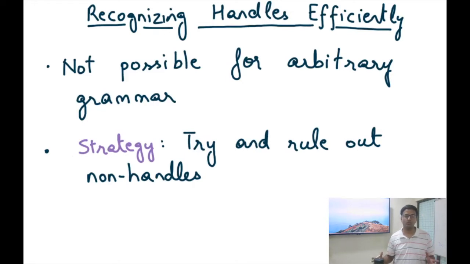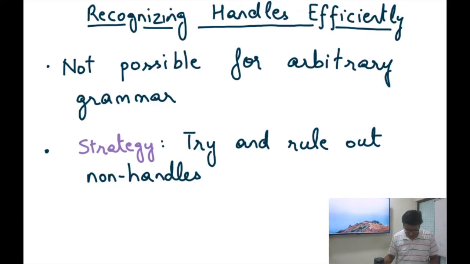It is just going to try to figure out whether something is a handle or not. If it succeeds, great. In other words, if it's able to uniquely say whether something is a handle or not wherever there was a choice, then that's great. We'll be able to build a predictive LR parser. However, if the algorithm is not able to say that, then we are not able to predictively parse using LR parsing in that case.